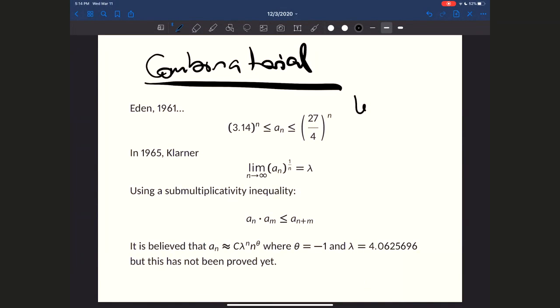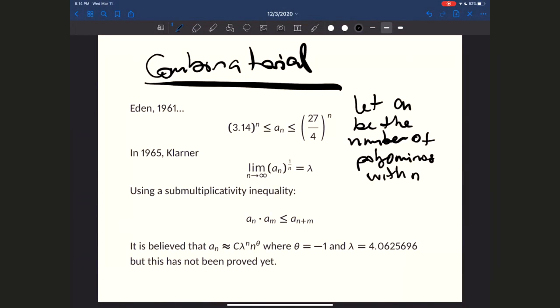So let a_n be the number of polyominoes with n tiles. So what he showed is that for sufficiently large n, I think n equals 20, this already is correct, a_n is between 3.14 to the power of n. No, this is not related to pi. And then 27/4 to the power of n.